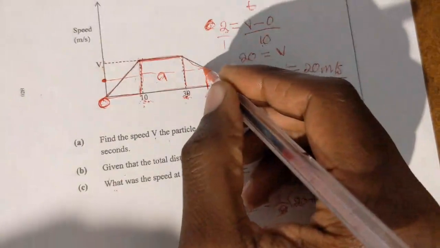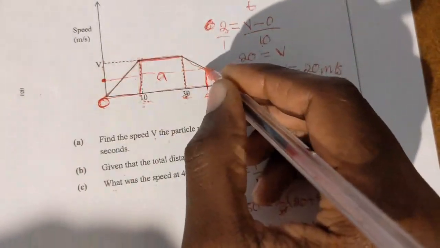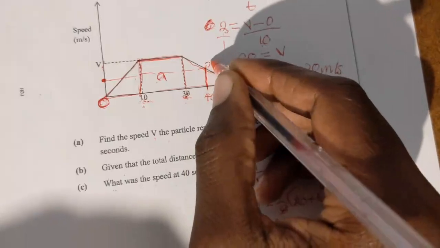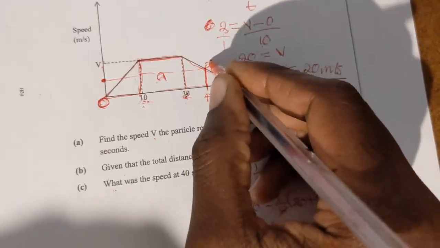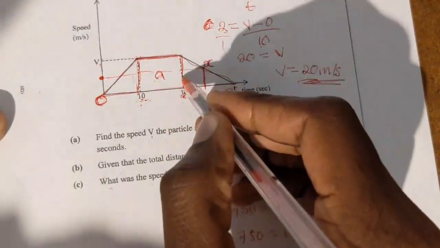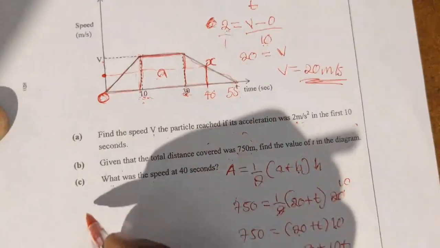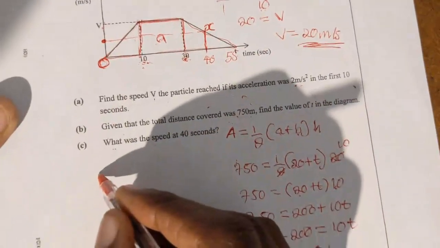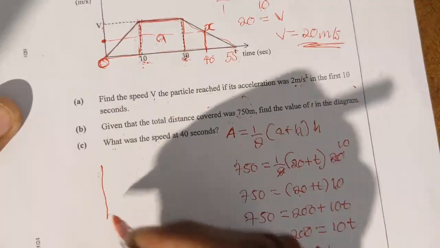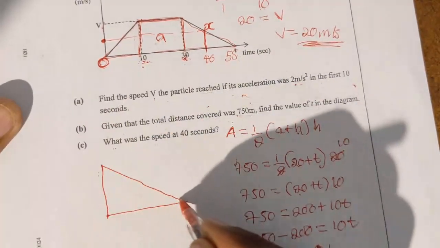You can put x here, or you can even put any letter. So just getting this triangle here, let me write it here. We have this triangle like this.